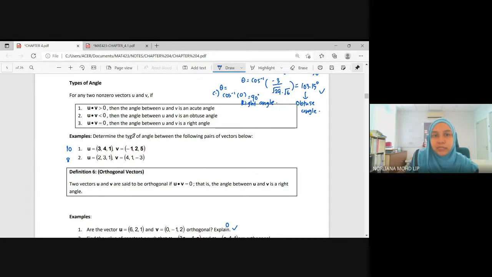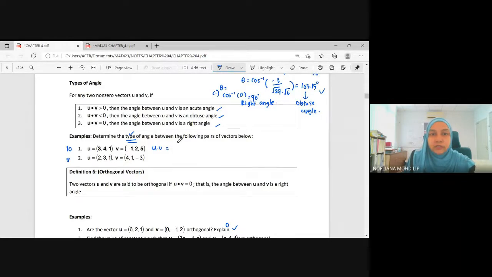We just want to find the types of angle, either acute angle, obtuse or right angle. So kat sini U dot V. Soalan dia kan, determine the types of angle between the following pairs of vector. So you all tak perlu cari dia punya angle lah. Just tahu dia punya types of angle je. Macam tadi kita nak tahu dia punya theta dia berapa kan. Okay, yang ni kita nak tahu types je. So we find U dot V lah.